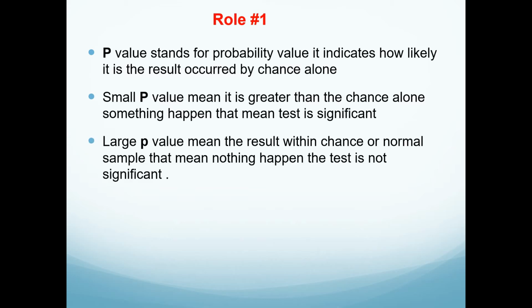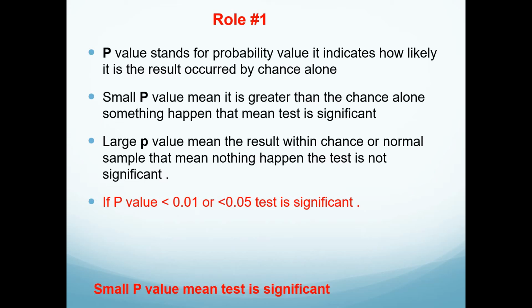A large p-value means the result is within chance or the normal sample. That means nothing happened. The test is not significant. If the p-value is less than 0.01 or 0.05, the test is significant. So rule number 1, a small p-value means that the test is significant.